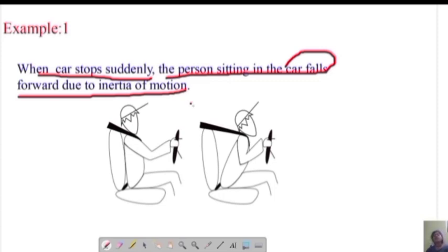You will be falling forward. Why we fall forward, I'll explain here. Here you can see a person is driving a car, and he applies sudden brakes. When he applies the brake suddenly, his body will be falling forward.